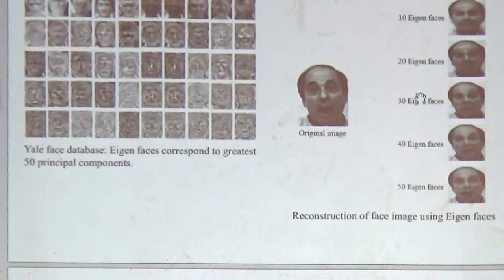If I use that formula, I will get the covariance matrix, and I can take the eigenvectors of this covariance matrix. I have transformed my data into vectors, which were actually images, which were matrices.